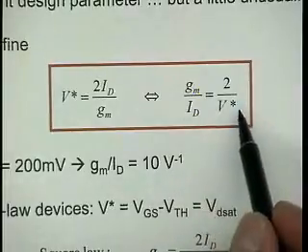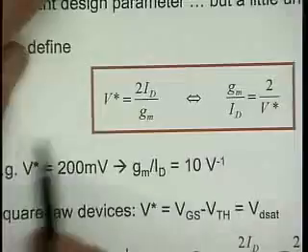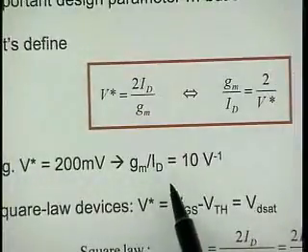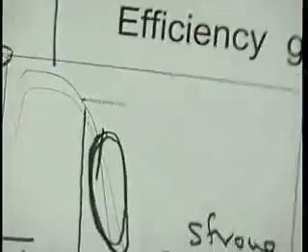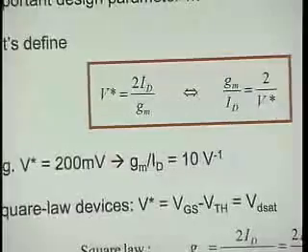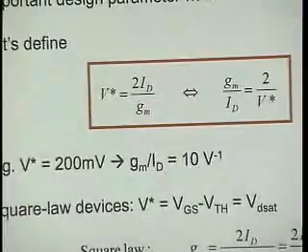And of course, once I know V star, I can easily calculate gm over ID. So for example, if I set this V star to 200 millivolts, for God knows what reason, that would correspond to a gm over ID of 1 over volts. So I would be just here on my graph. But I've messed up now completely, right? So fine. If he likes V star, we can put up with it.